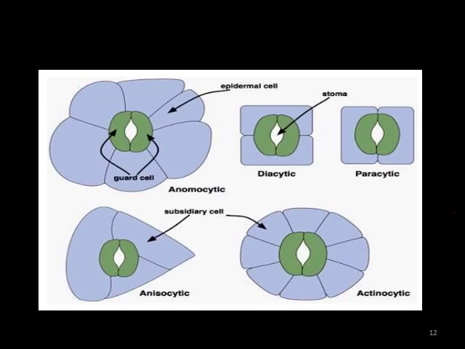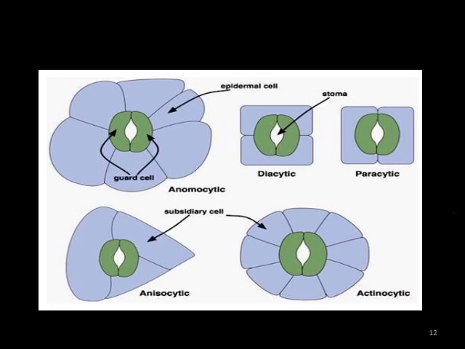The fourth type is diacytic stomata. In this case, the guard cells are surrounded by two subsidiary cells. The common wall of these cells is at right angles to the longitudinal axis.